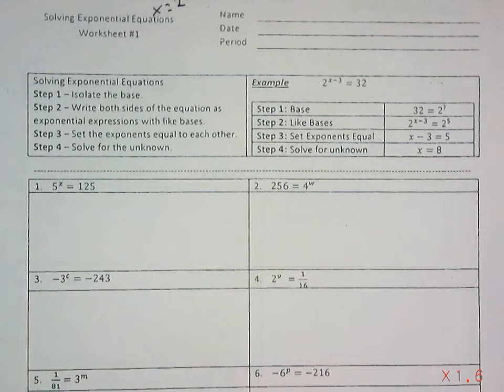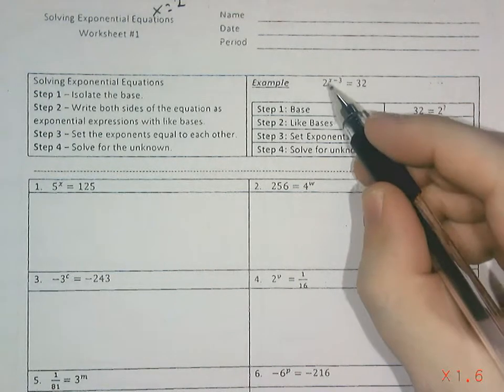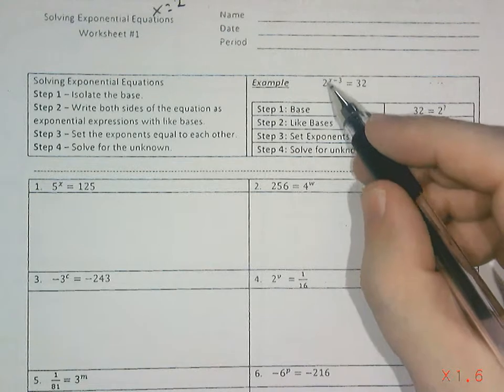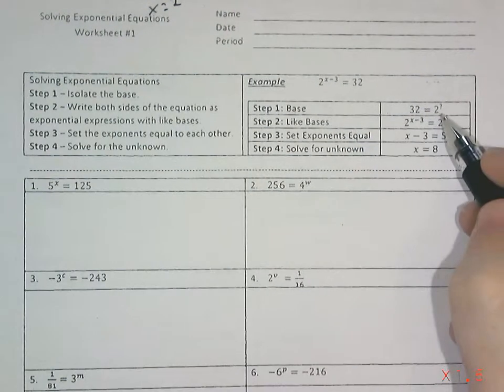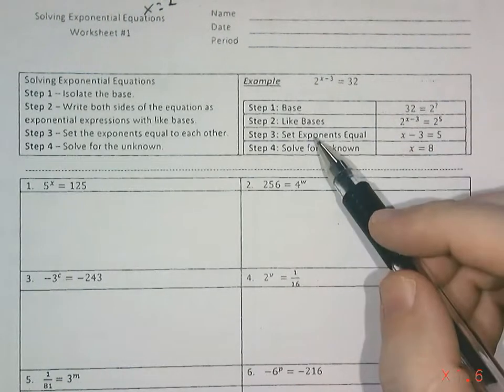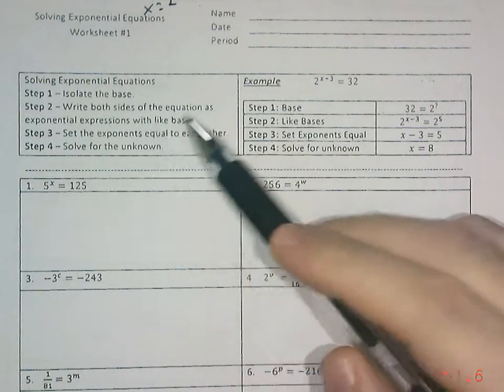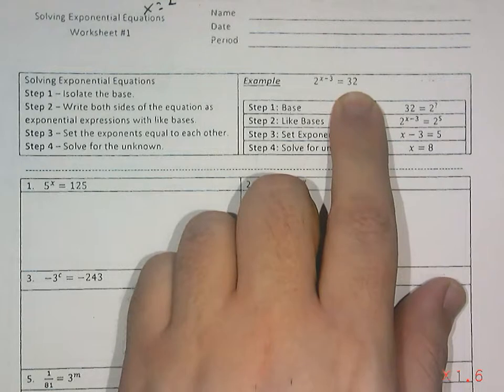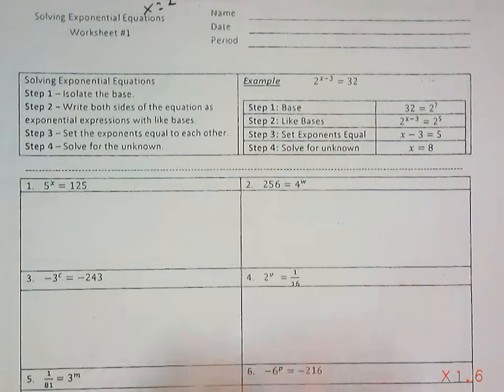So basically what it's saying is it wants you to figure out which base you're trying to get everything to. So in this example, it wanted them to get to a base of 2, okay. Then it wants to write both equations as exponential expressions with like bases. So it wants me to get 32 to a base of 2.